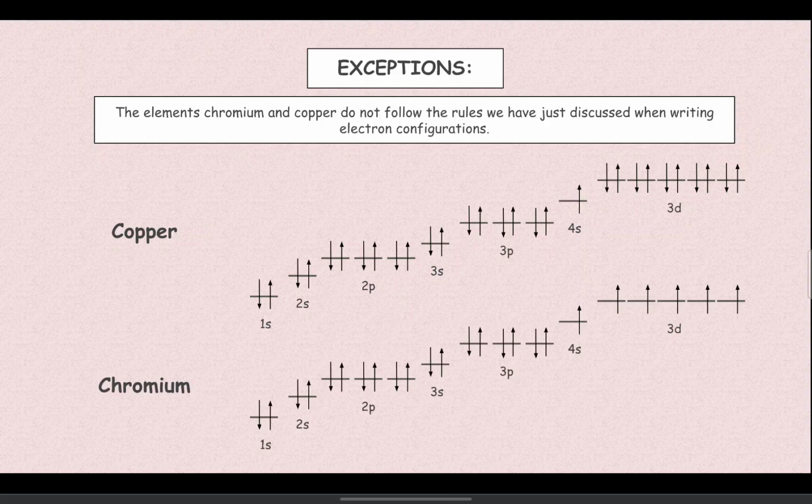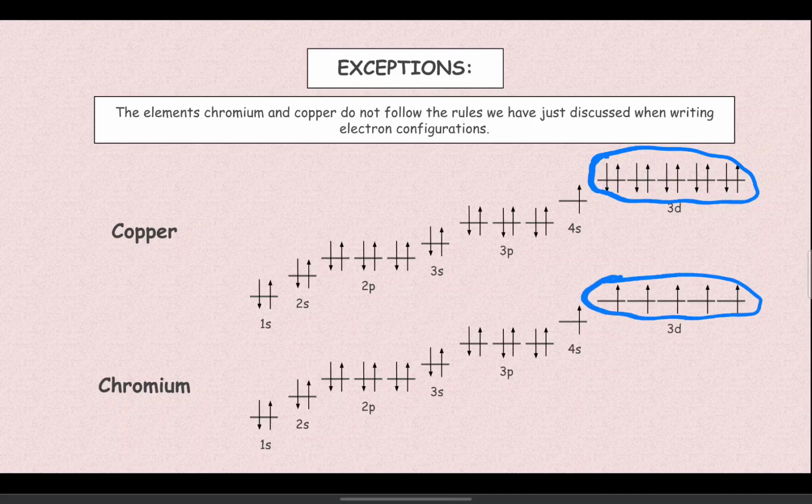Same with chromium. This is the correct way. You would think, why isn't it this? Why don't you fill the 4s before doing the 3D? Whereas this is the correct way. And that is because there is stability in having a complete set of filled or half-filled orbitals. So the atom has more stability with these being completely full or half full than if it wasn't like that.